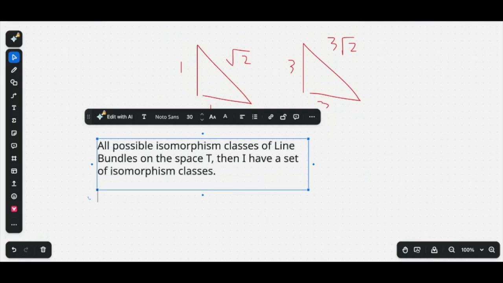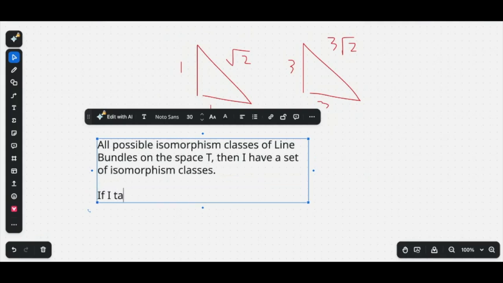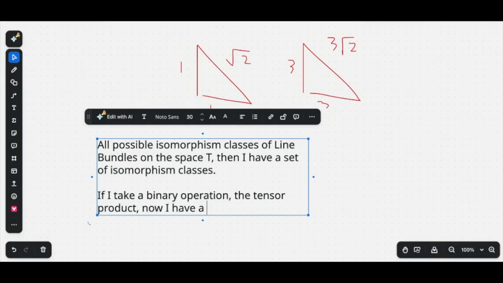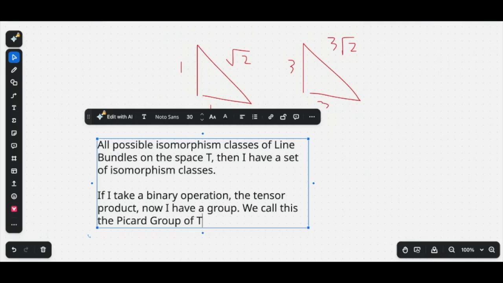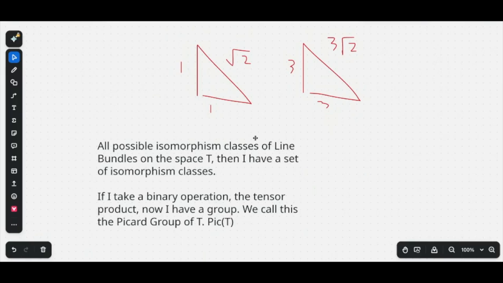And now, if I take a binary operation, the tensor product, now I have a group. We call this the Picard group of T, PIC T. Okay, and there you have it. That is the Picard group.